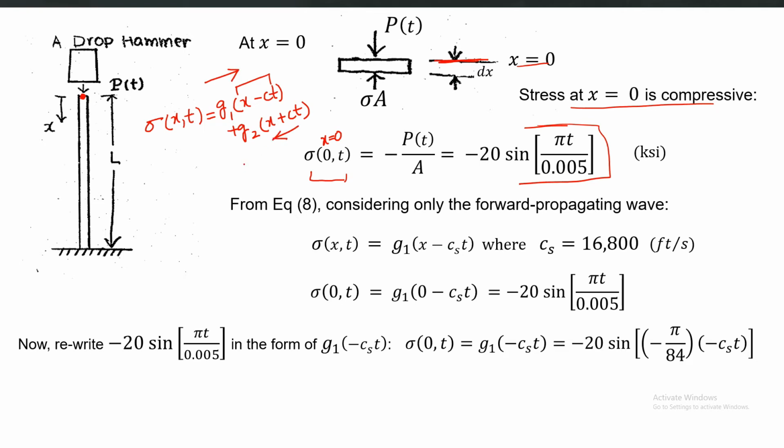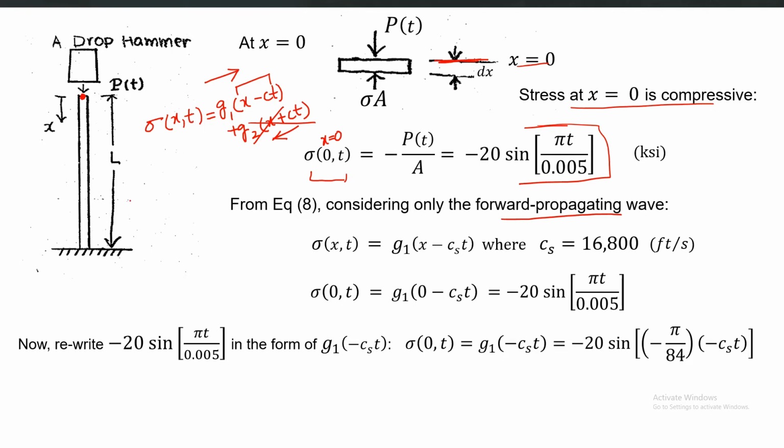So in this case we are only considering the forward propagating wave, so we are neglecting the second term. Let's assume that we are just interested in calculating the stress flow from this point of application of force up to the fixed support. We are not interested in the reflection of the wave, only in one way or forward propagation of the wave.